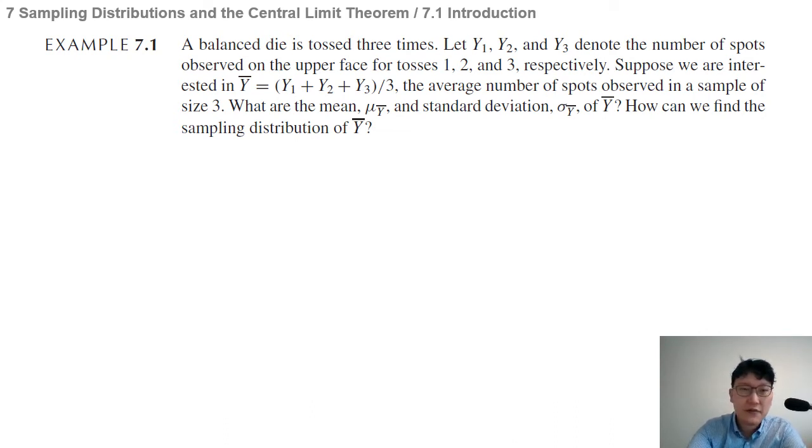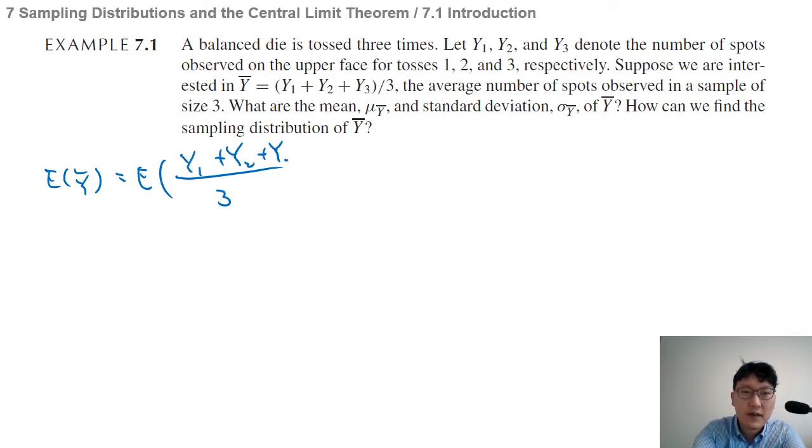Okay, so the first problem is we would like to find the mean of y bar, and this is the expected value of one third times y1 plus y2 plus y3.